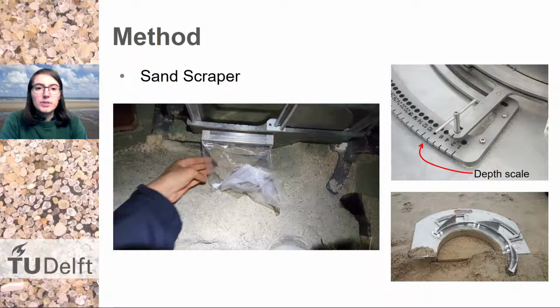The sand scraper has a dialing mechanism, of which you can see the depth scale in the upper right image. We can scrape off layers with a resolution of 2 millimeters vertically, and we can scrape up to 50 millimeters, so 5 centimeters. In the lower right you can see that when we're done, we leave a bit of a hole behind because we're really removing the sediment.